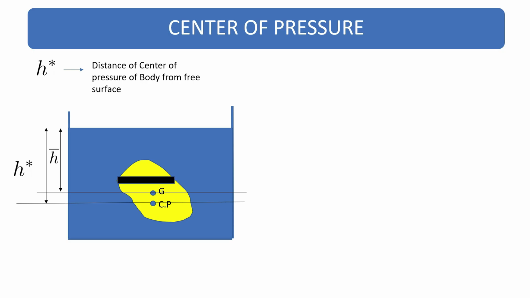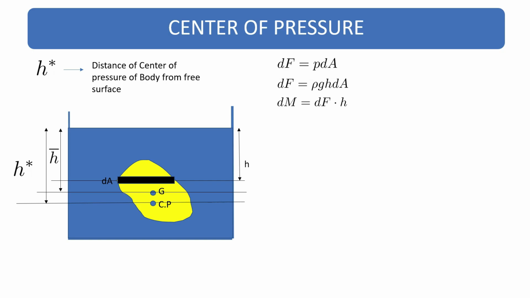So in order to find the center of pressure, we will consider a small elemental area dA, which is at a distance of h from the free surface. So the elemental force dF is equal to P into dA, where P is equal to rho gh, as we have seen earlier, and dA is the elemental area.